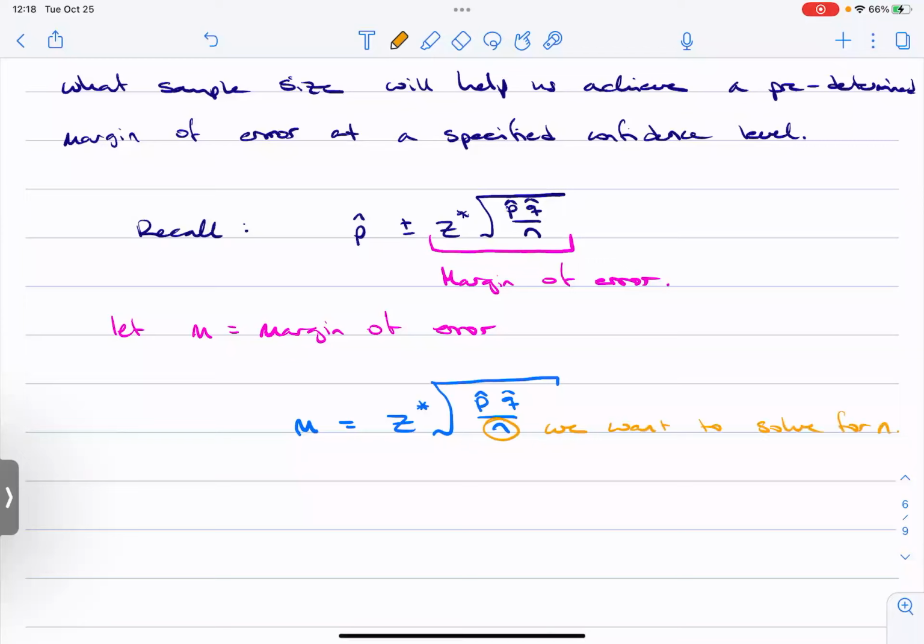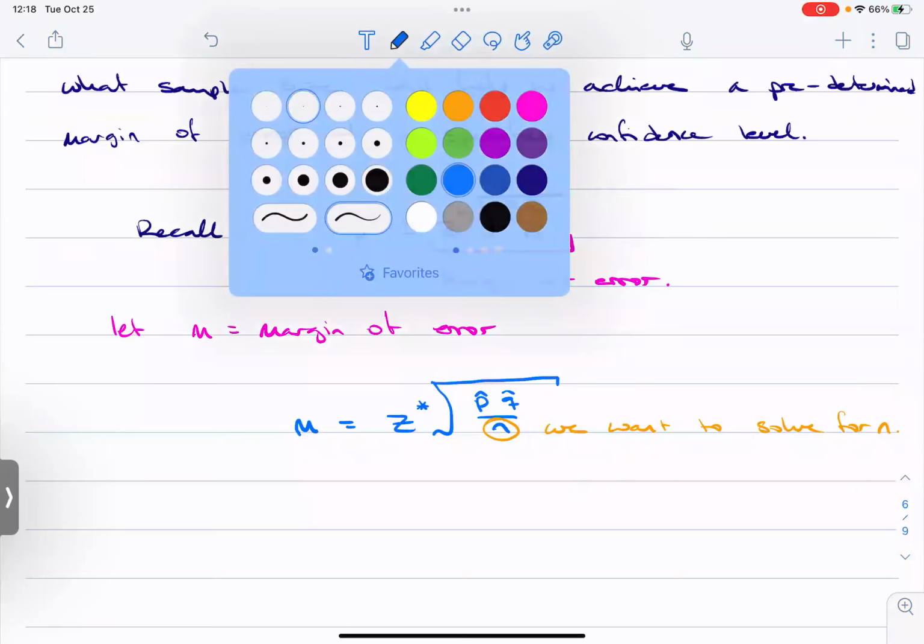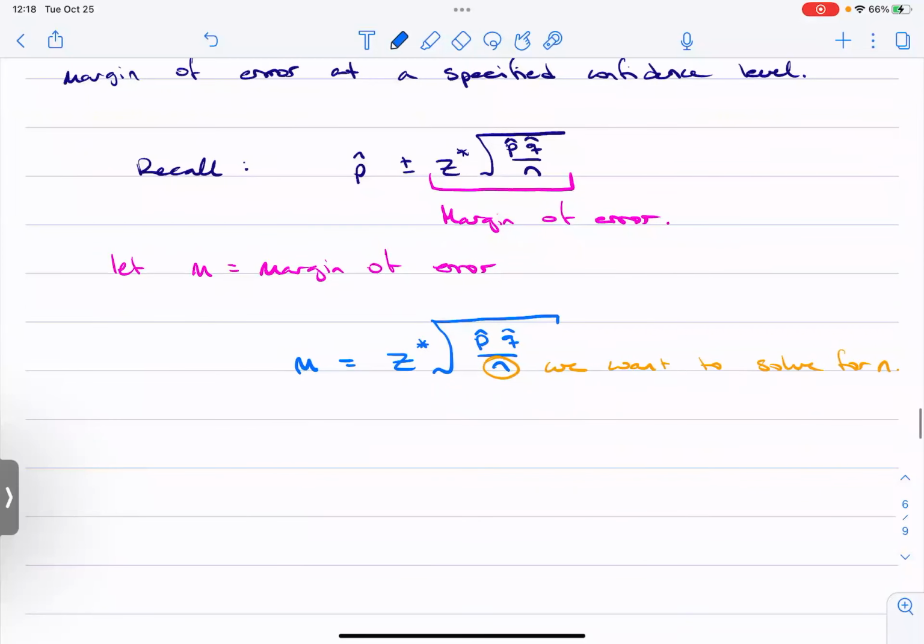So I'm given some margin of error and some confidence level, so I can rearrange this. To start solving for n, I first divide both sides by z star, so m divided by z star is the square root of p hat q hat over n.